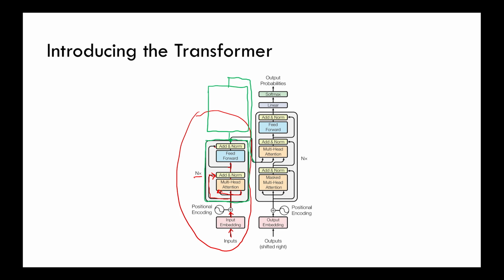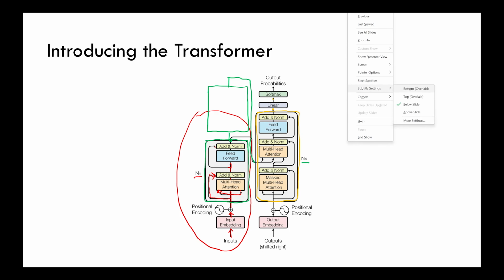And the decoder also can have multiple blocks like this. So here we have the decoder block, and we have n copies of this, one on top of the other, and the last output of the last will be fed to this linear layer, to which we will apply softmax and the output probabilities.